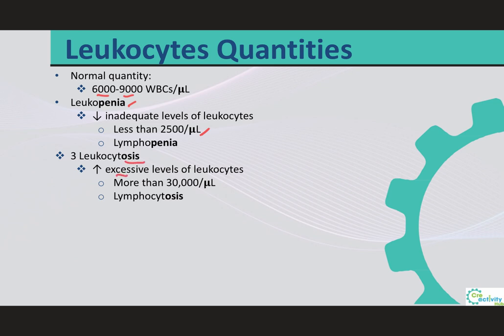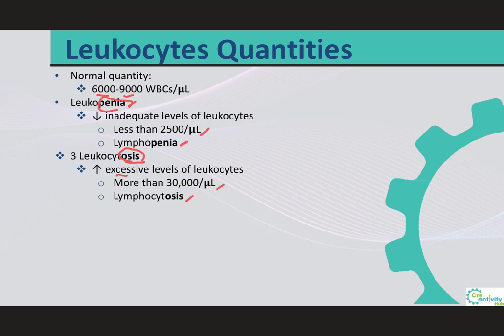A count of more than 30,000 white blood cells per microliter will usually also indicate a serious disorder. These endings, penia and osis, can also be used to indicate either low or high numbers, respectively, of specific types of white blood cells. So, for example, lymphopenia means too few lymphocytes. And on the other hand, lymphocytosis means an unusually high number of lymphocytes.